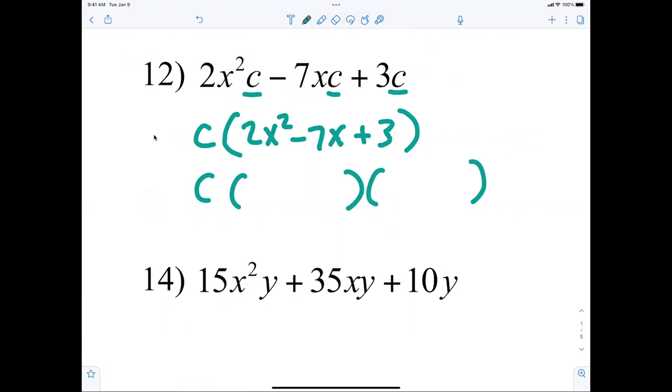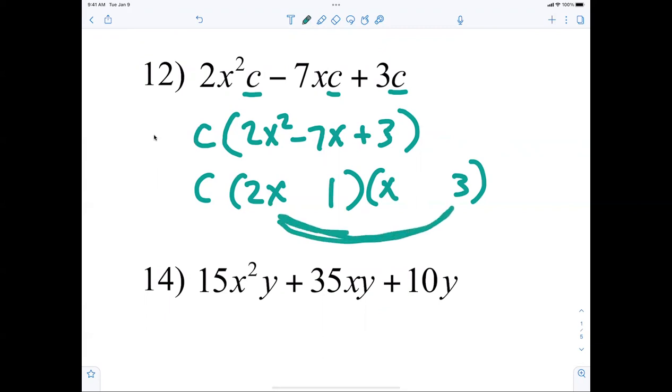How do I make 2x squared? 2x and x. Where does the 3 go? On the right. Where does the 1 go? Put your smiley faces in. How much is that? How much is this? And I need negative 7. They're both negative.